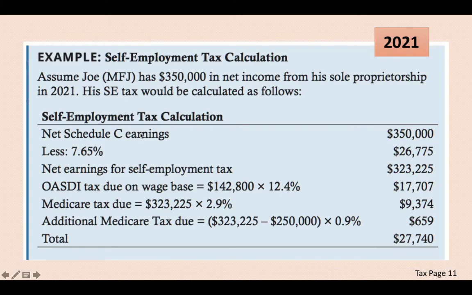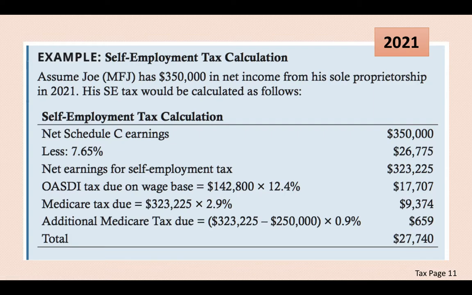Your 15.3% is not applied to the 350,000. Let's see how you calculate the self-employment tax. First of all, this is 350 from your Schedule C net income. The IRS says, well, I'm giving you a break.